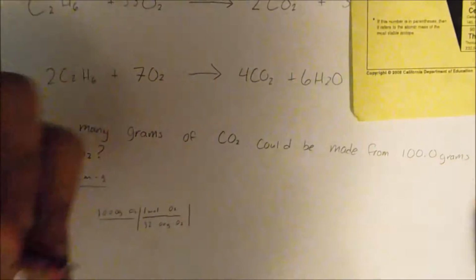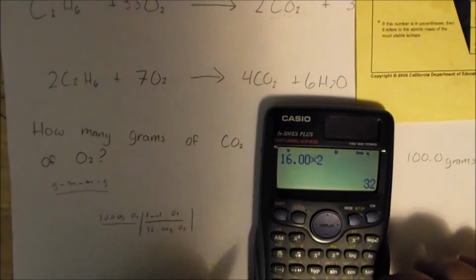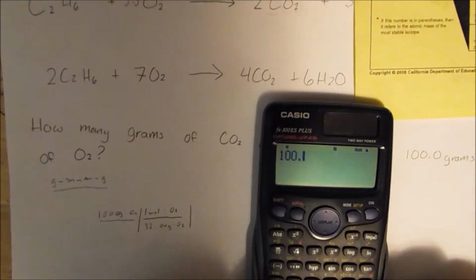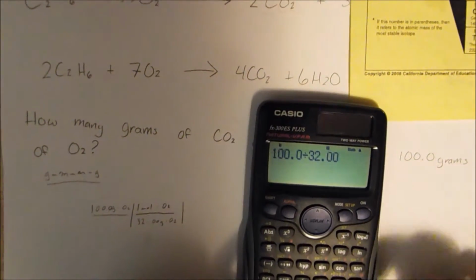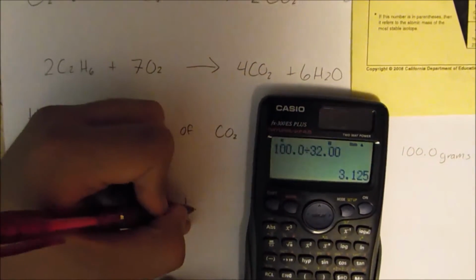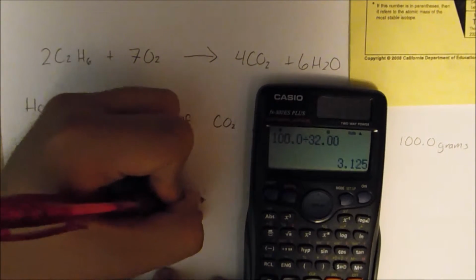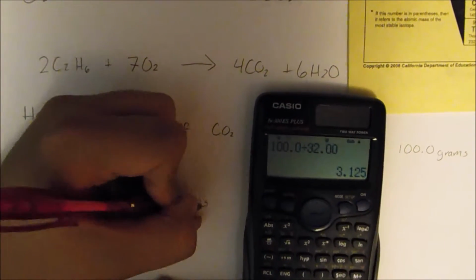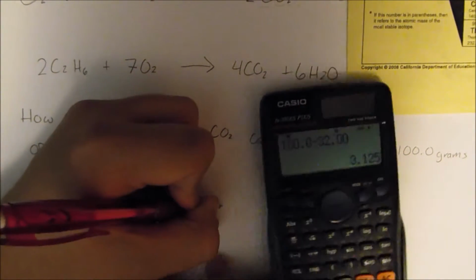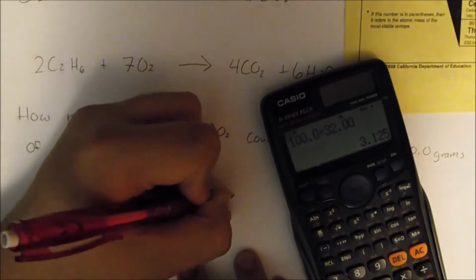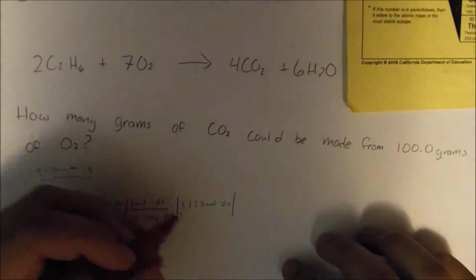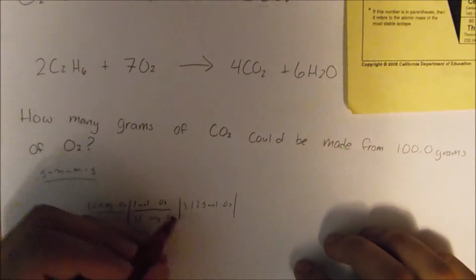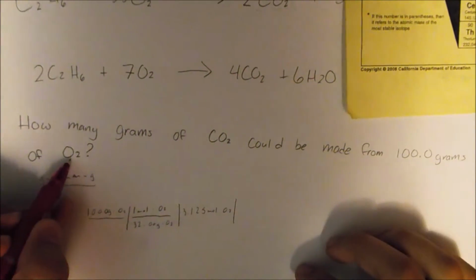On a calculator, 100 divided by 32.00 equals 3.125 moles of O2.